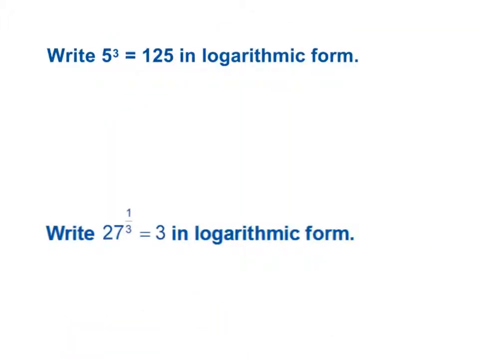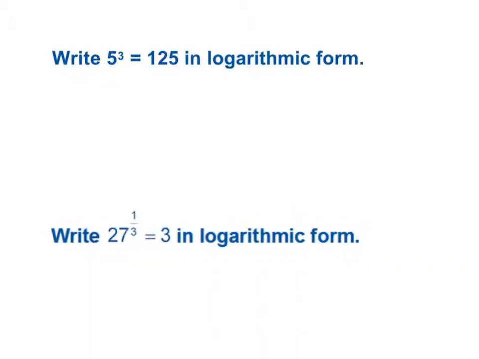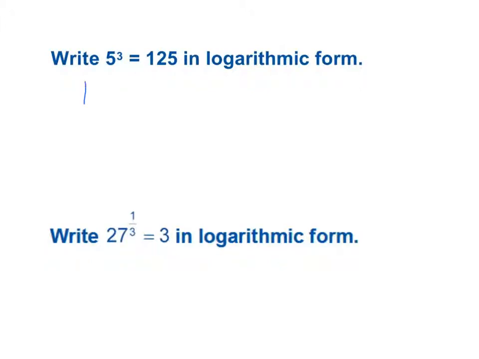Okay, so here are some written exponentially, and they want you to write it in logarithmic form. So you would say log to the base 5 of 125 is equal to the exponent, which is 3. Sometimes I do this backwards circle, and that helps students to see.